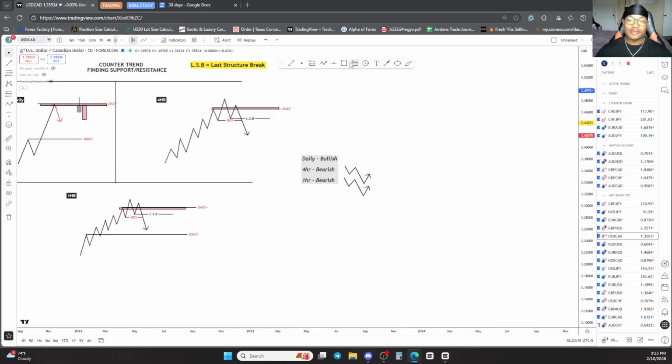If the break and retest on the 4-hour and the 1-hour do not happen at the same time, which means if the 4-hour does not pull back all the way towards that last break of structure, but the 1-hour does, we walk away. But say if the 4-hour pulls back all the way, but the 1-hour doesn't, we walk away.